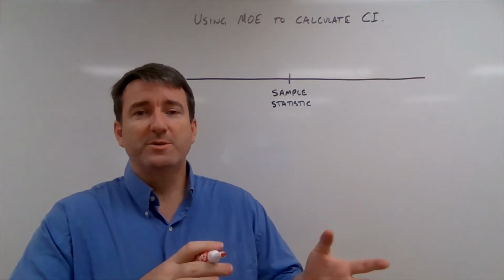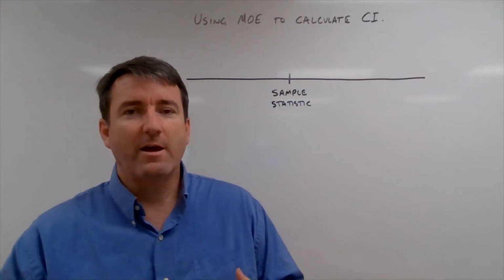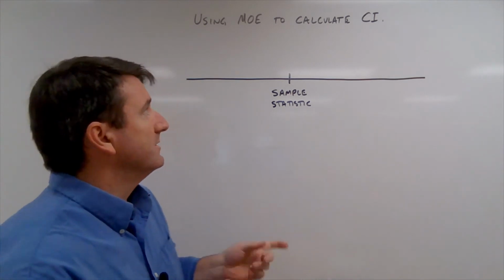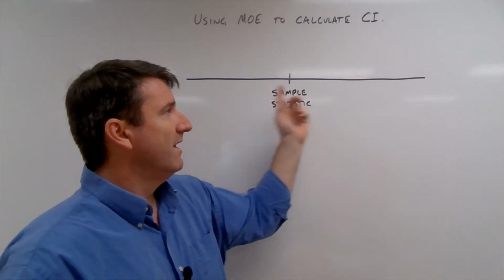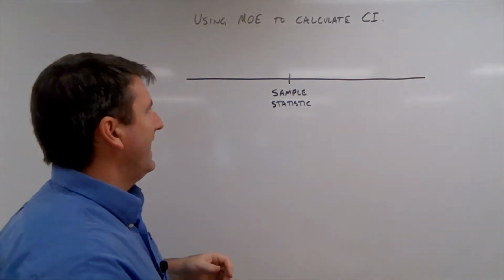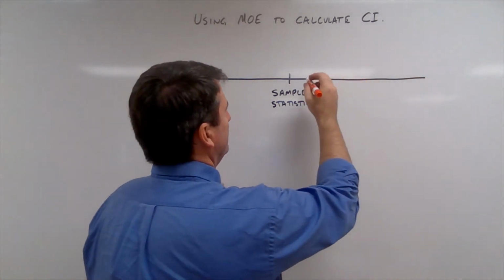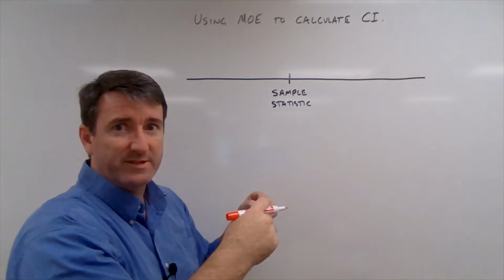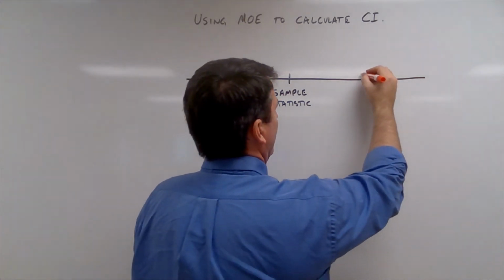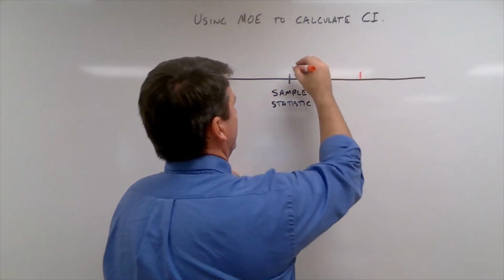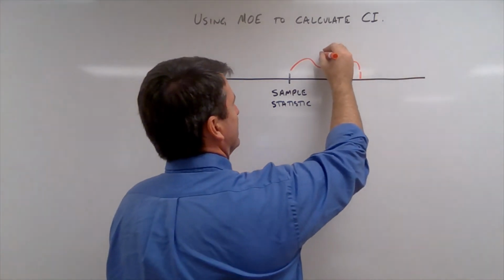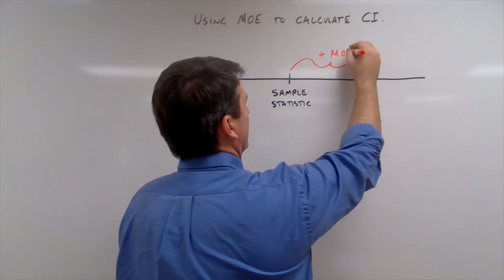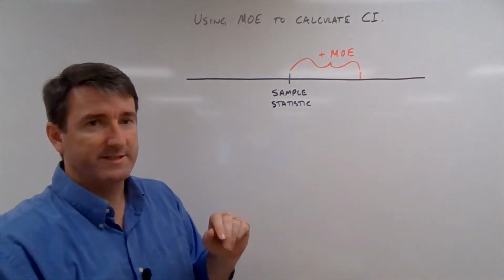Now let's use margin of error to find our confidence interval. To do that, we're going to start with our sample statistic, and I've put it on a number line here. Then we're going to add to that sample statistic our margin of error. Let's say that brings us to right here. So this distance that we've gone out is adding the margin of error to our sample statistic.